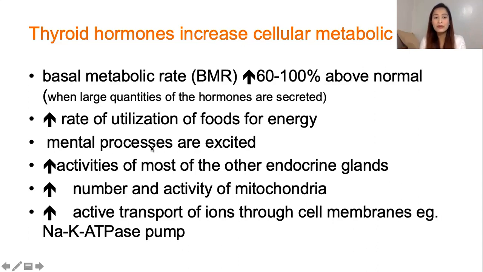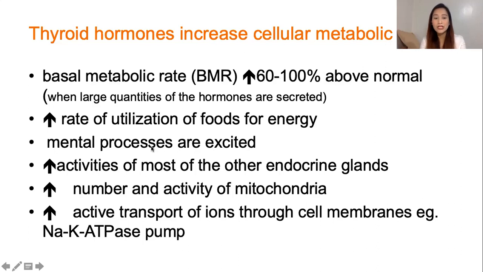Your thyroid hormones also increase activities of most of the other endocrine glands. It also increases the number and activity of the mitochondria in order to increase ATP production, and the increase in ATP production is needed to power the increase in basal metabolic rate.